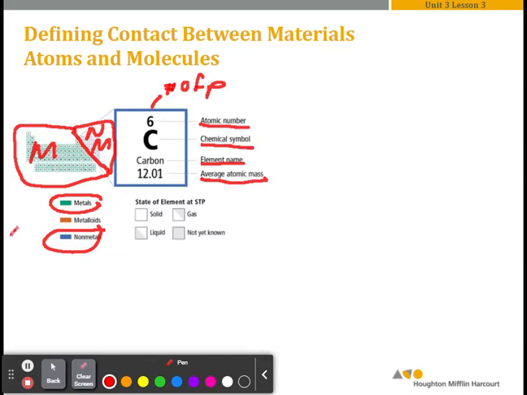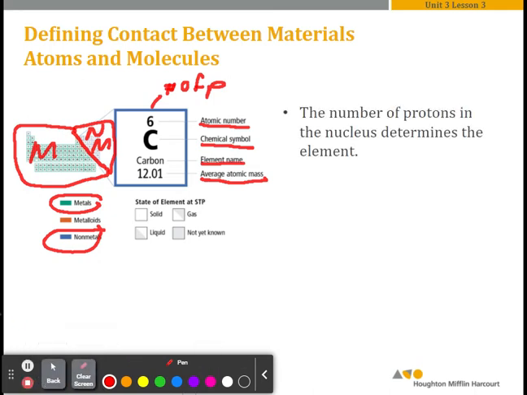Now, atoms form molecules and extended structures such as crystals when these atoms of these elements combine. The number of protons in the nucleus determines the element. So carbon always has 6 protons in its nucleus. Oxygen always has 8 protons in its nucleus.